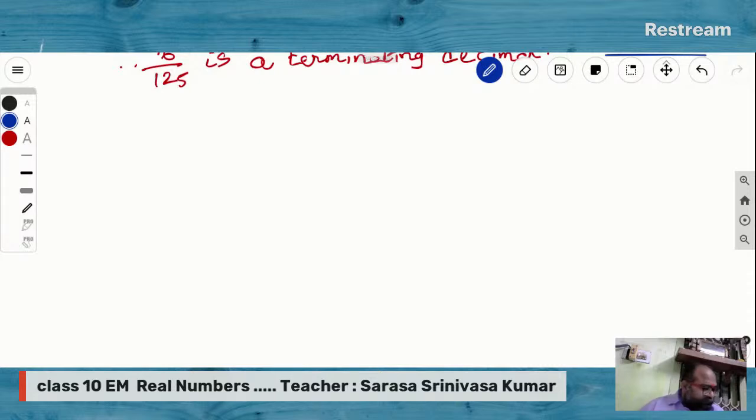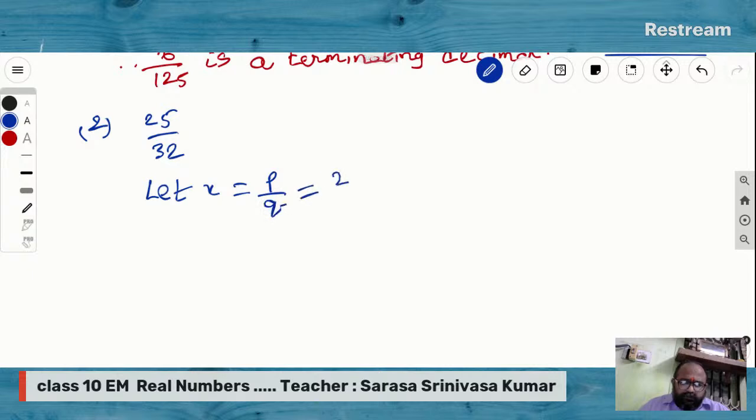Next problem is 25 by 32. Second problem, 25 by 32. Remember, we are considering, so let x equal to p by q, that equal to 25 by 32.